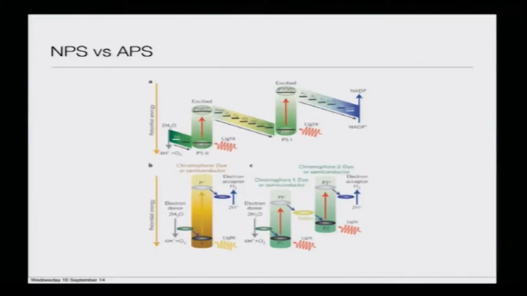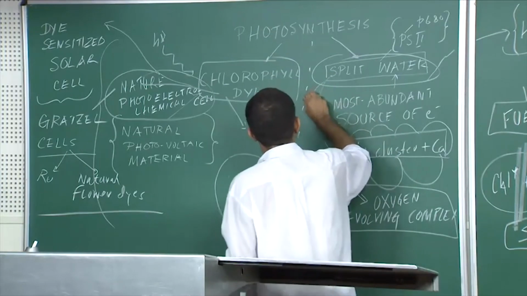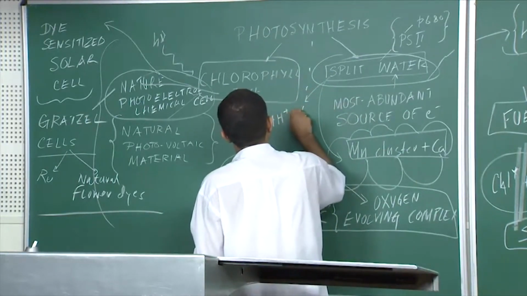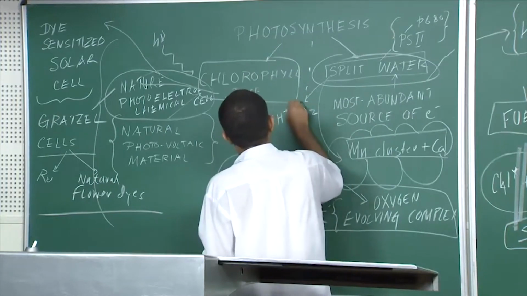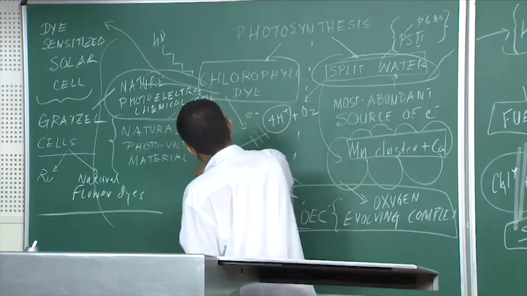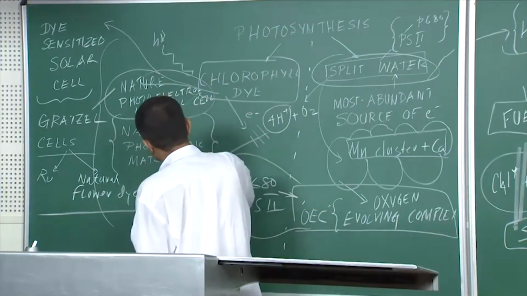These protons are filtered. So, basically there are two reactions which are happening here. You have this water splitting cluster which is generating protons and oxygen. These protons are filtered through a proton membrane and added with the electron to form hydrogen gas.